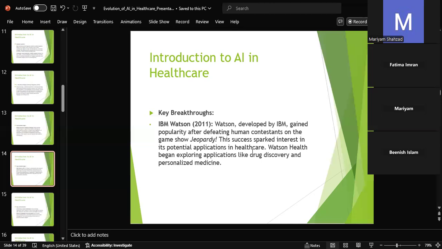And to create personalized medicines, we use different tracking devices and different applications for the patients, in order to have their own personalized medicines and keep track of them. All right, so this is how these applications were used in drug discovery as well.